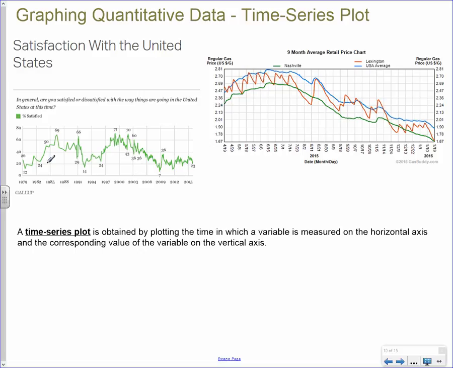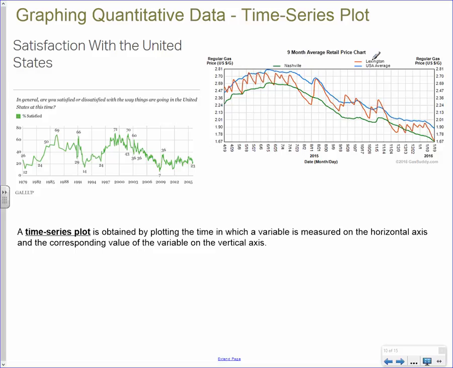I don't remember if it's quarterly or weekly or how they do this, but you can see over time it's gone up and down, but there's a general trend going on there. Even though there's lots of little peaks and valleys in here, there's a general trend overall. Like here it was increasing, here it's decreasing, increasing, decreasing, and then it's increasing slightly, but somewhat staying flat.